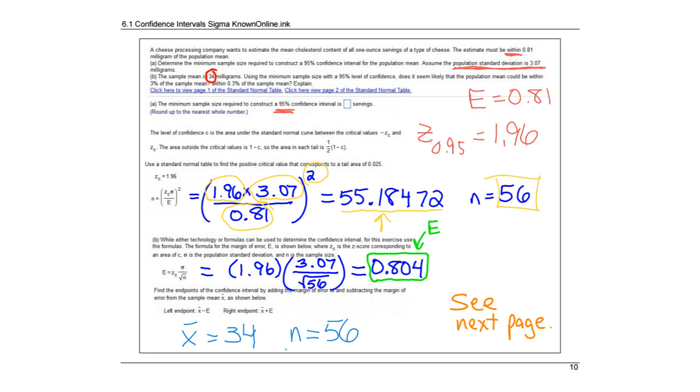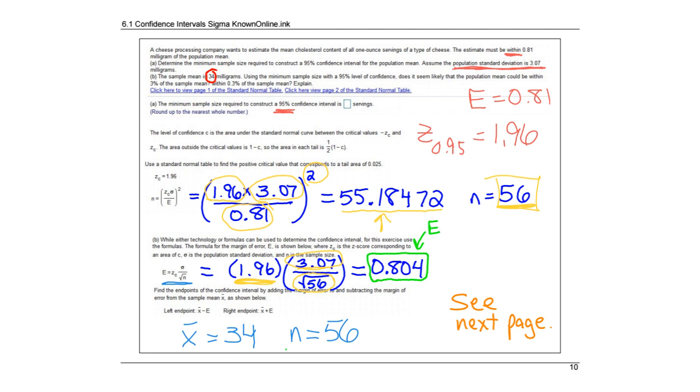Okay, so let's go ahead and find E. So our margin of error E here, we're going to take our critical value for 95%, that's 1.96. We're going to take our standard deviation, and this time we're going to adjust using the square root of 56. 56 came from part A, and that gives us an E of 0.804.